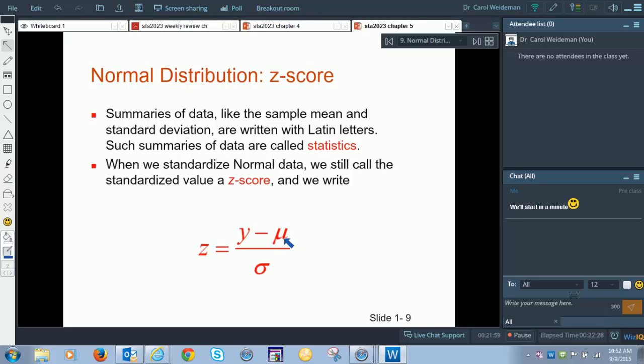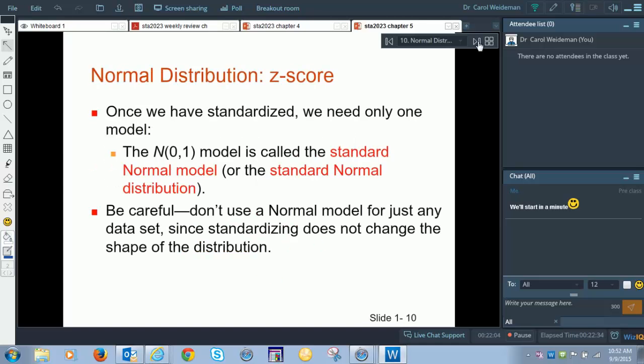And we can do a z-score using a normal distribution. And here we're going to calculate it by subtracting the population mean and dividing by the population standard deviation. It's still called a z-score. And there's one important normal distribution called the standard normal distribution, which has a mean of 0 and a standard deviation of 1. And this is used frequently to refer things to.